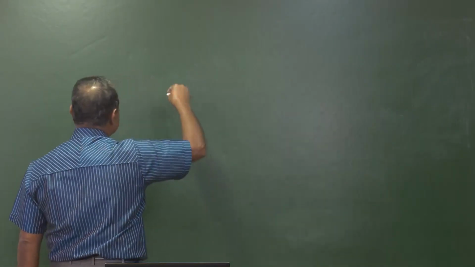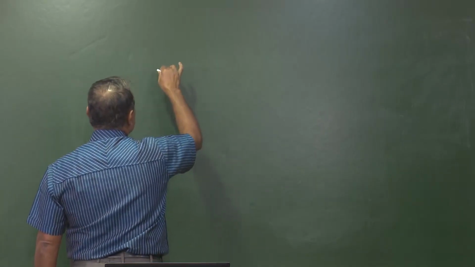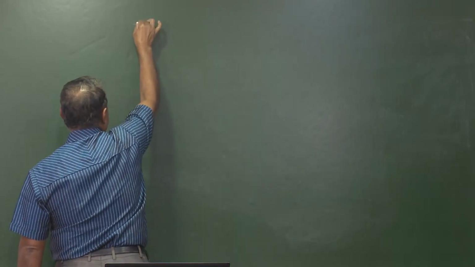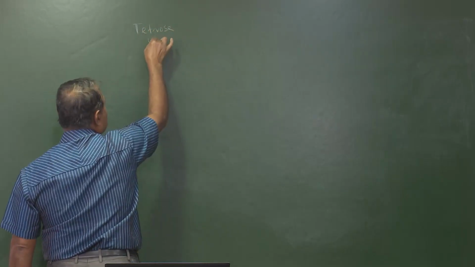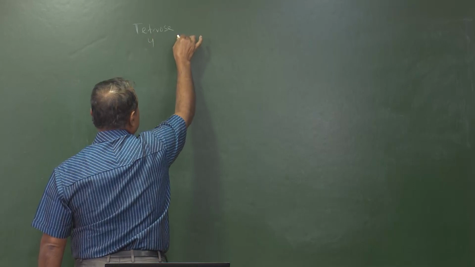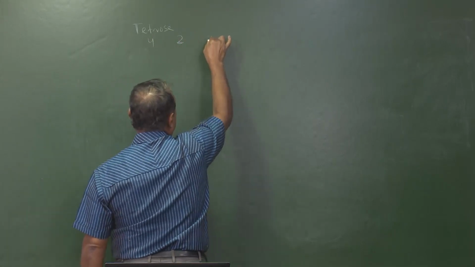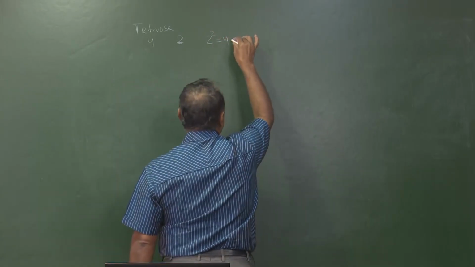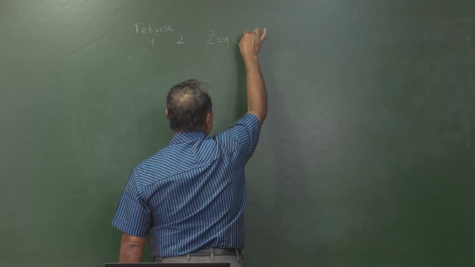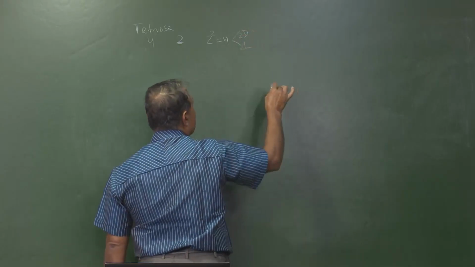We are just discussing the tetrose. The number of carbon atoms is 4, the number of asymmetric carbon atoms is 2. So there will be 2 to the power 2, that is 4 isomers, and out of these 4, 2 will be D isomers and 2 will be L isomers.